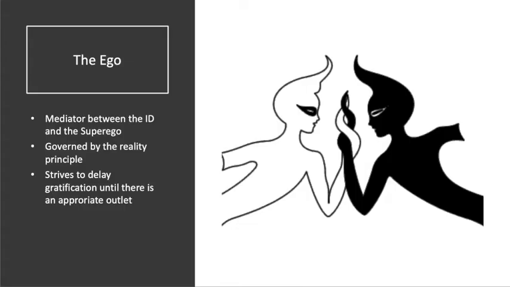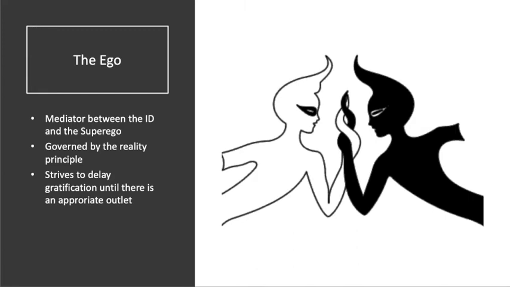The third and final part of our personality is ego, and that starts to develop shortly after the development of the superego. And the ego operates according to the reality principle. And so it acts as kind of a negotiator or a mediator, if you will, between the other two parts of personality, the id and the superego.